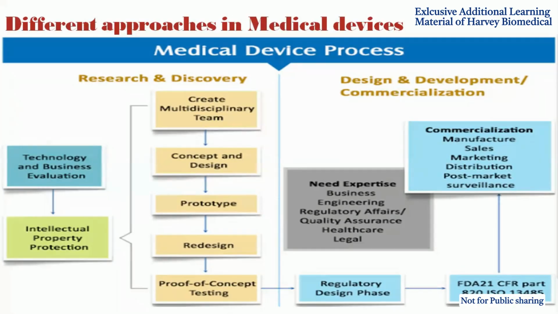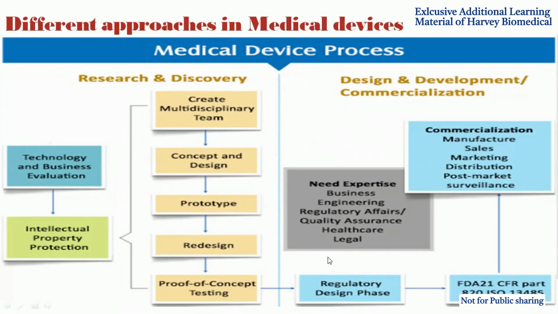Coming to the second, on the right side, design and development commercialization. In this, you see the commercialization: manufacturer, sales, marketing, distribution, post-market surveillance. Why? Here the regulatory requirement will be there.